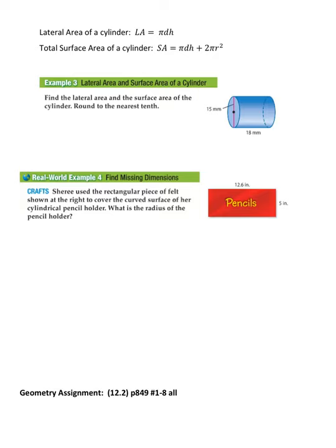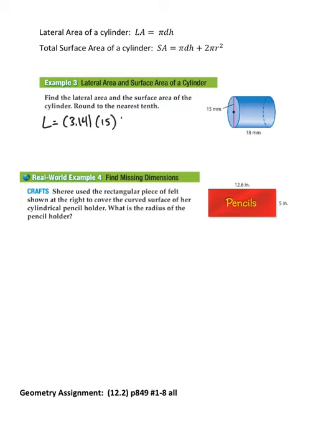All right, let's do some calculating here. Find the lateral area and the surface area of the cylinder, rounding to the nearest tenth. So lateral area: pi, 3.14, times diameter. The diameter is what we're given there, 15.